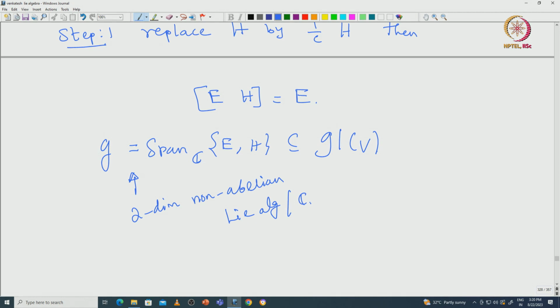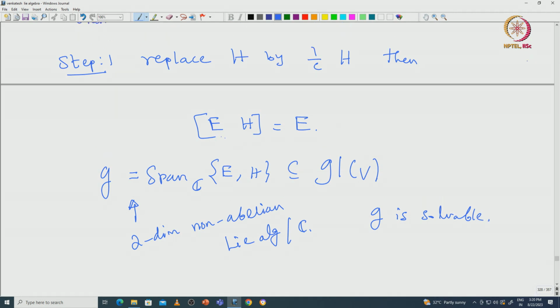In particular it is solvable. So, G is solvable, because if you take the bracket of E and H, you get E, and the bracket of H with H and E with E will be 0. So, it is obviously defining a 2 dimensional non-abelian Lie algebra.